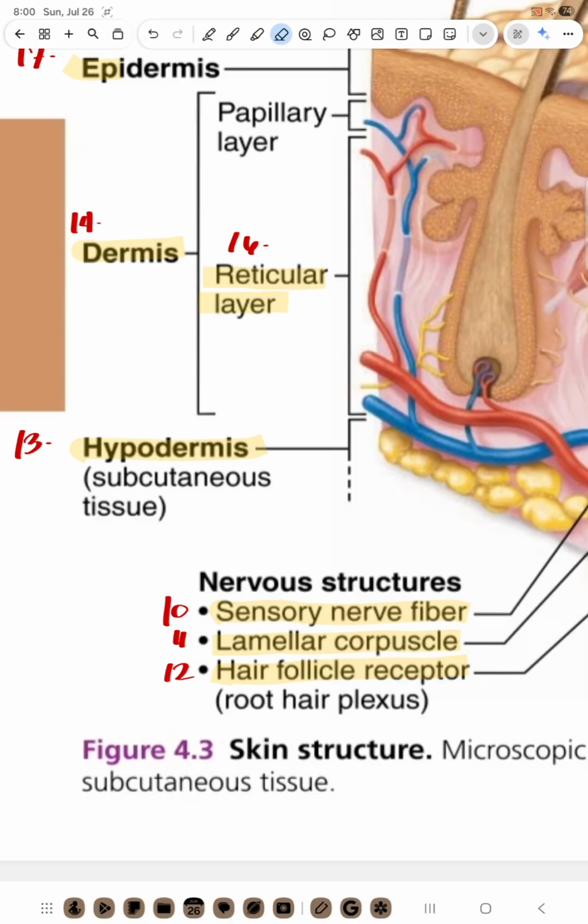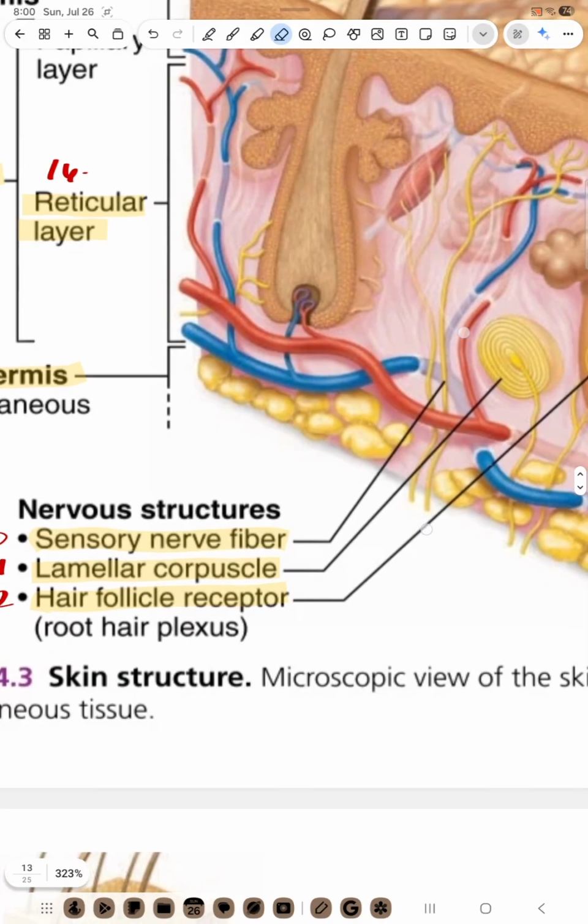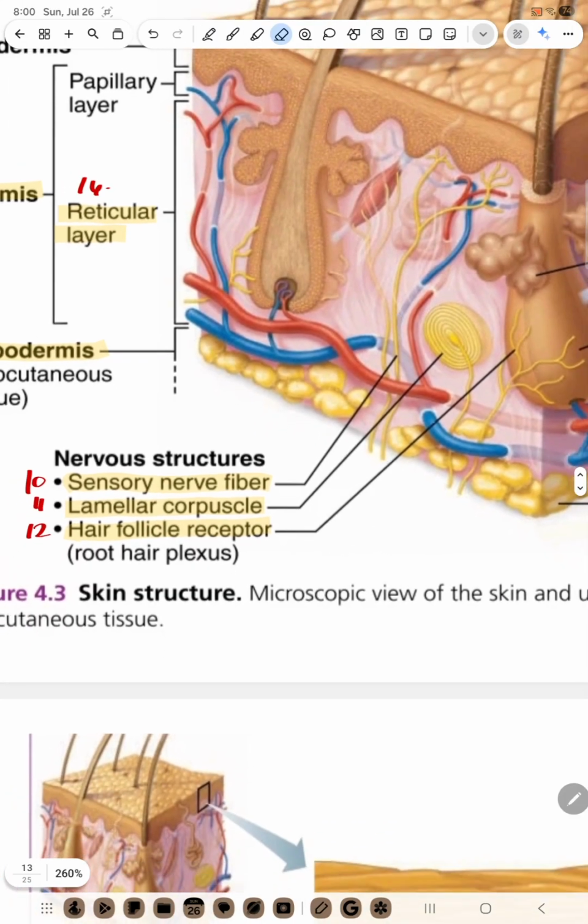So naa diri si blood vessels, naa diri si sweat, and naa diri si oil glands. And also our deep pressure receptors called lamellar corpuscles, which is here. And sensory nerve fiber, hair follicle receptor.